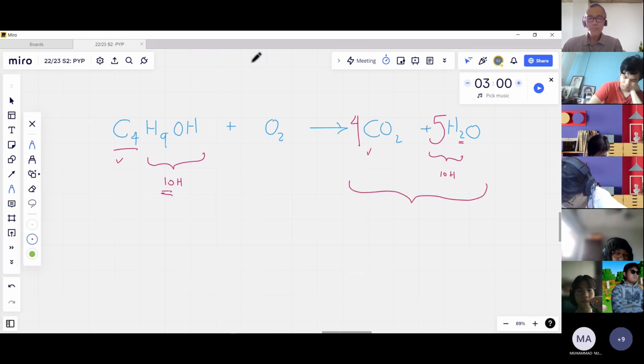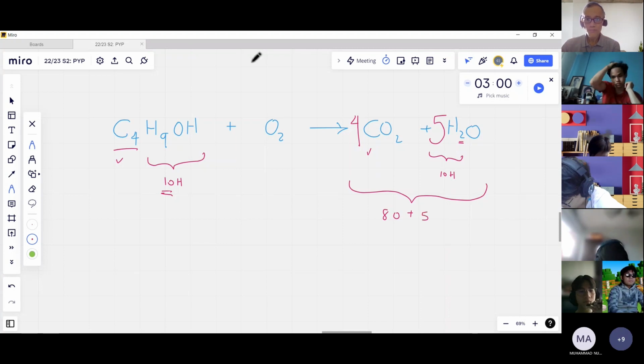Here I have 4. Remember, whatever you have inserted inside, you still need to account for that. Just now you inserted 4, you have to account for that too. So 4 times 2 will be 8. 5 times 1 will be 5. So right hand side I have 13 oxygen.